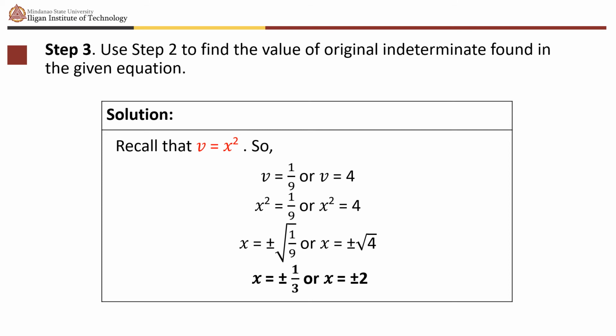Since v is equal to x squared, we have x squared equals 1 over 9, or x squared equal to 4. X now is equal to plus or minus the square root of 1 over 9, or x equals plus or minus the square root of 4. Therefore, x equals plus or minus 1/3, or x equals plus or minus 2.